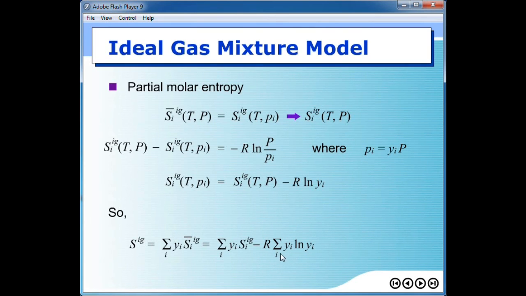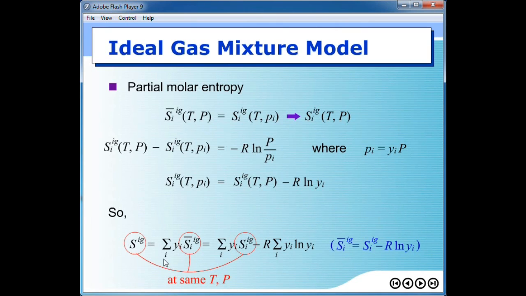It means that you can calculate the entropy of the mixture if you know the entropy of the pure species, multiplied by mole fraction and added by this term. So it is convenient that you can calculate properties of the mixture using properties of pure species.